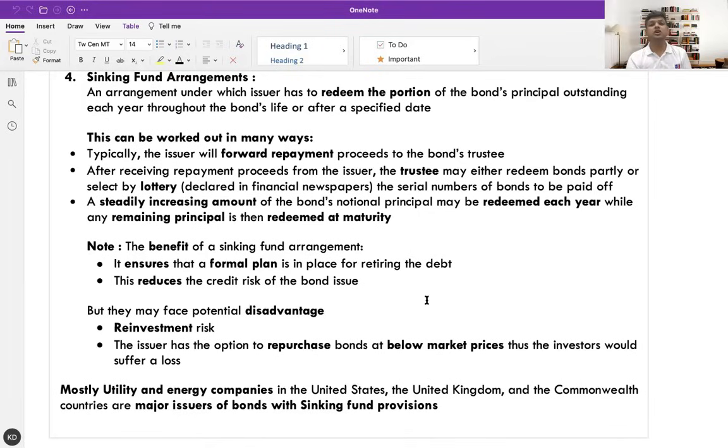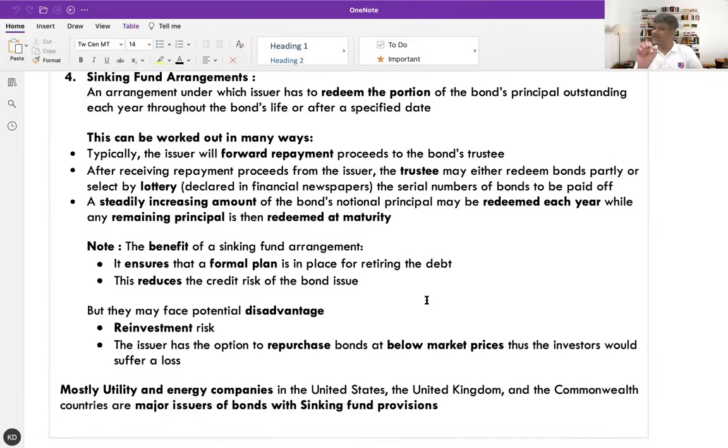Let's say in the first year I generated $5 billion and kept that in the sinking fund. From that, $5 billion will be repaid to some of the investors. The next year I put $10 billion, so $10 billion will be repaid to some of the investors. By doing that, at the end of maturity, I may hardly be left with anything. Are you getting it? Clear?